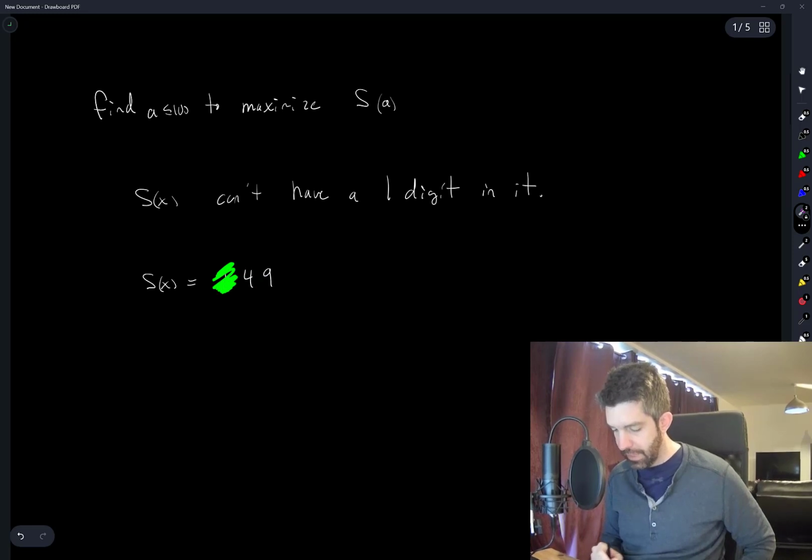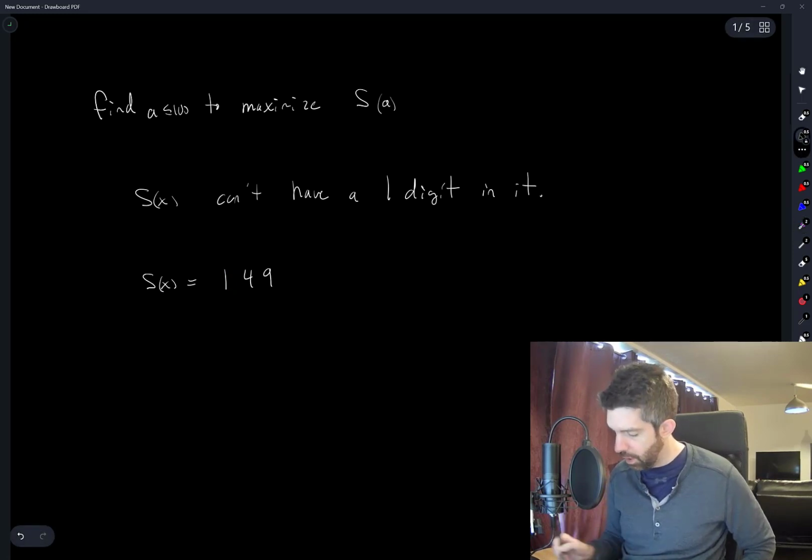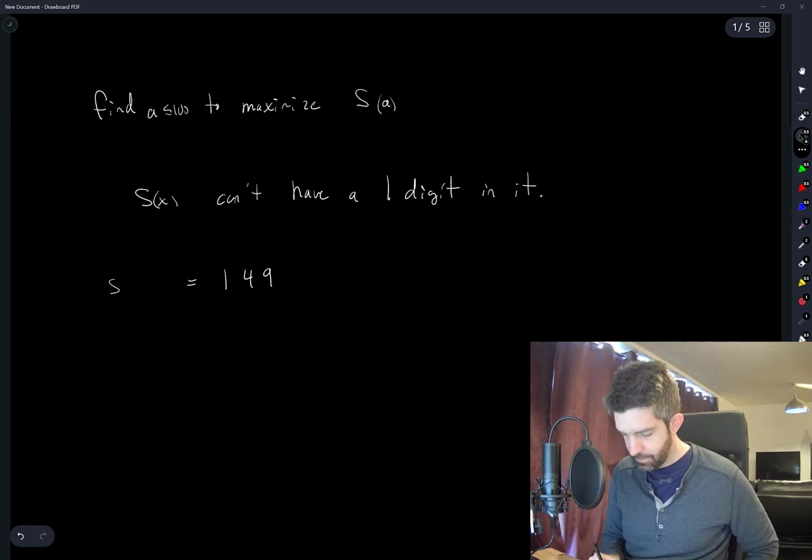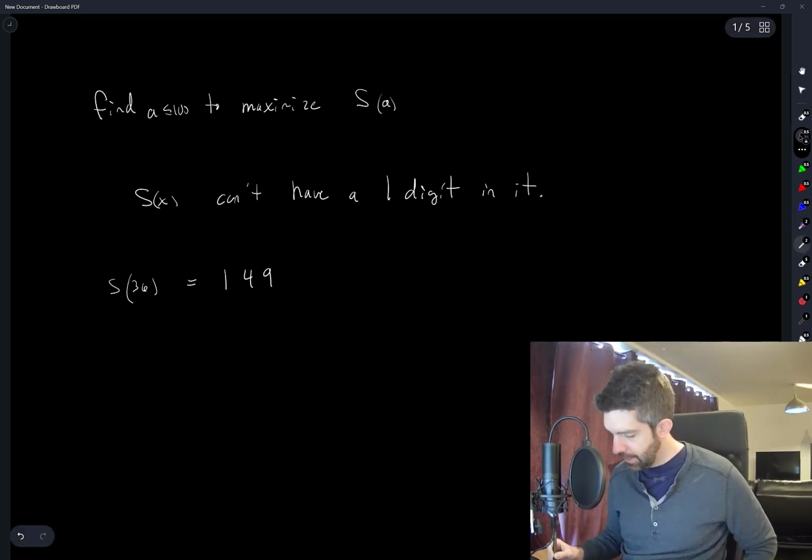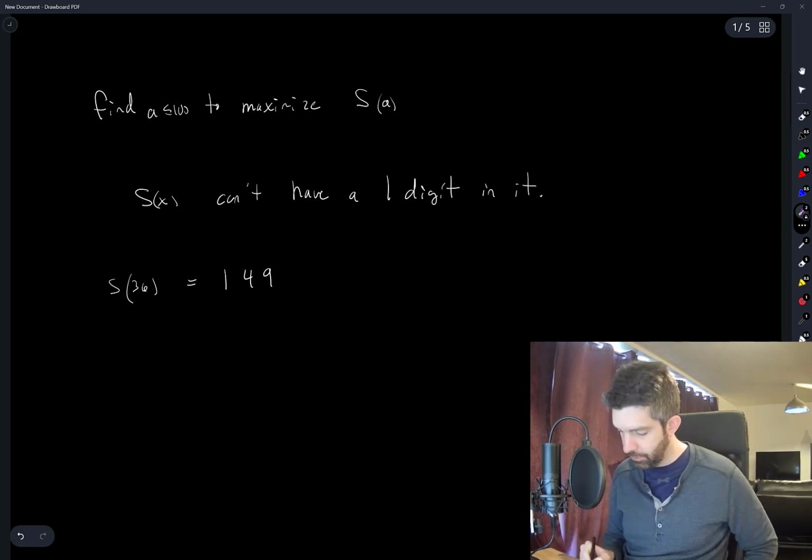So because s of x has to be the smallest integer where the product is, in fact, this 149 is a candidate for s of 36, and 49 is less than 149. So s of 36 certainly has to be less than or equal to 49. Okay, so there can't be a 1 in the digits.